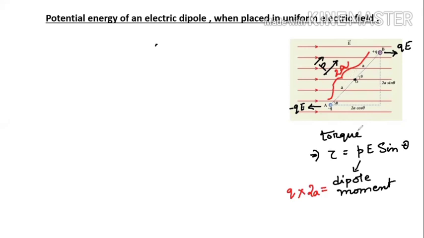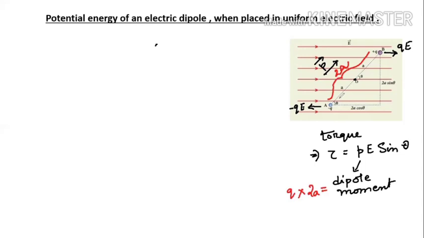Now, since we are considering the case where this dipole is placed in a uniform electric field, obviously we are going to consider this dot expression, because it does not have any translatory motion. It has only rotational motion, and since we are finding potential energy, we have to find the work done by this dipole.